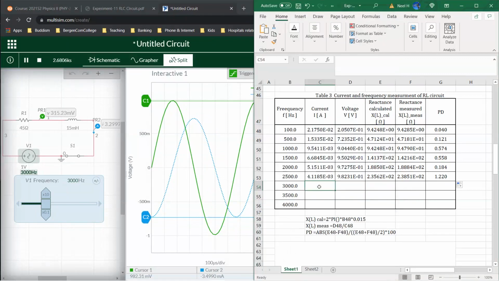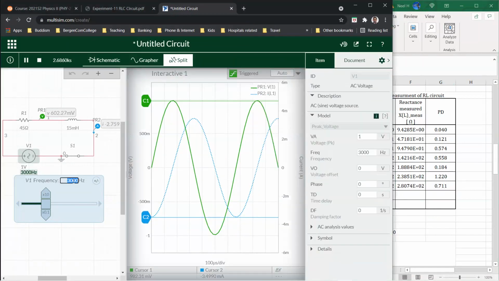All right, the current is about 0.0034990. The voltage is 0.98231. It did not change at all, but our values definitely should change. Okay, looks good. Let's do 3500.